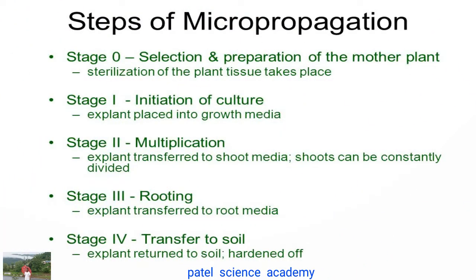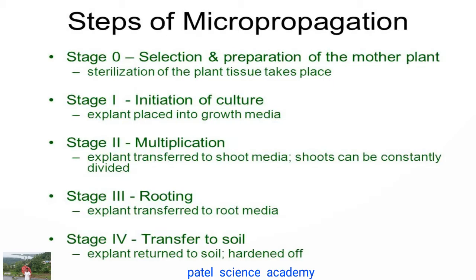So steps in the micropropagation. Dear students, this is a very important part. Micropropagation or organogenesis or clonal propagation. Organogenesis via the shoot is considered as one of the most widely used commercial methods of regeneration of plants. And what is micropropagation? It is also known as clonal propagation.